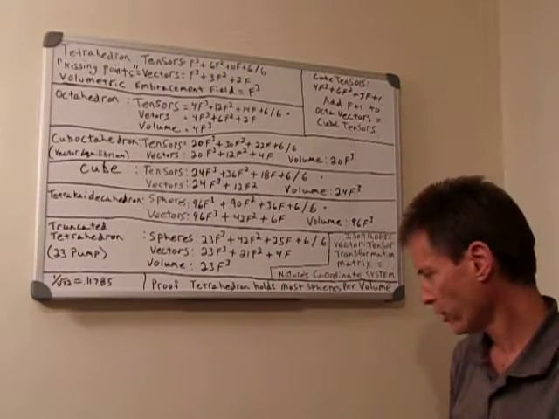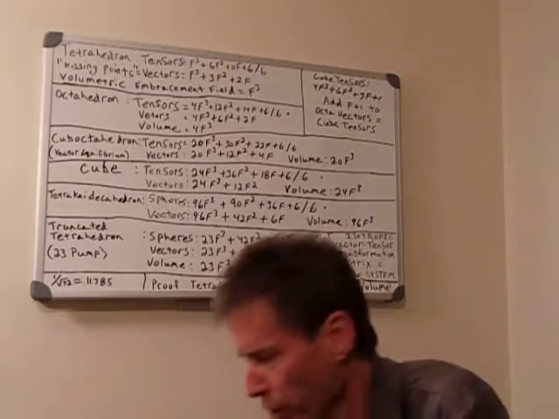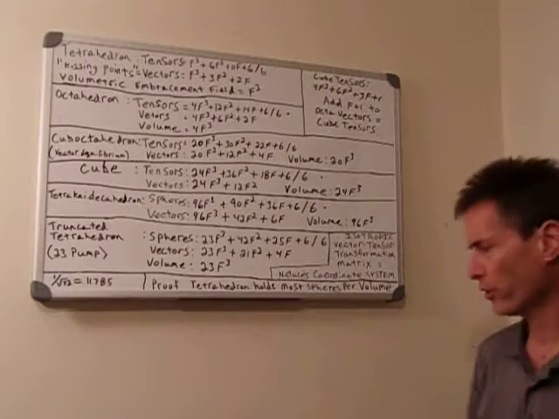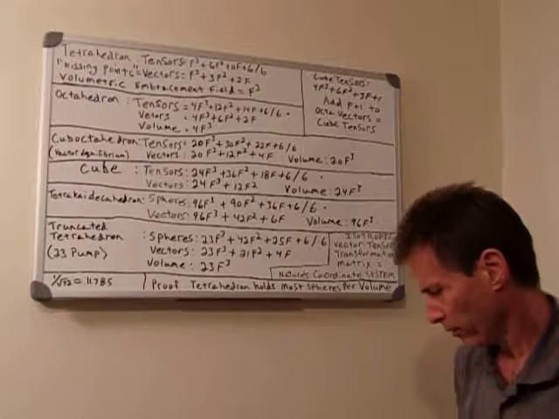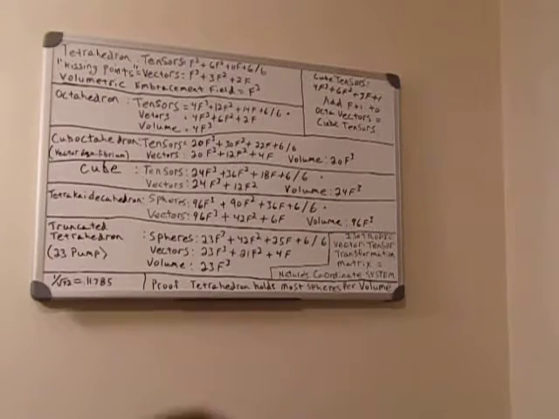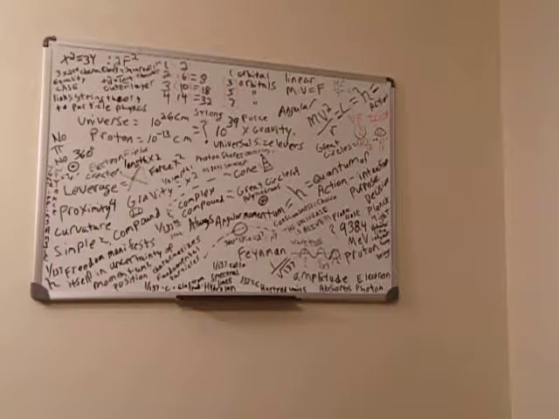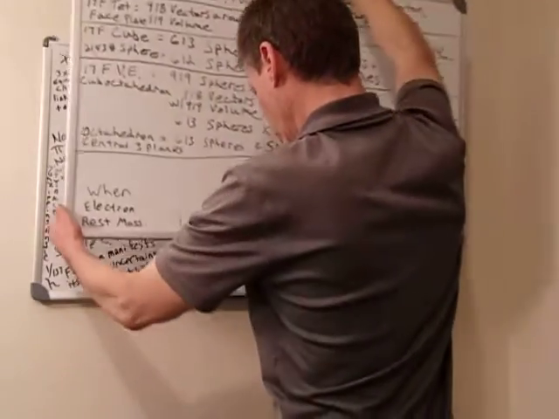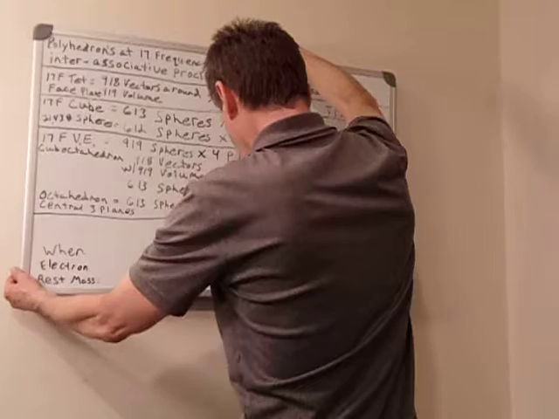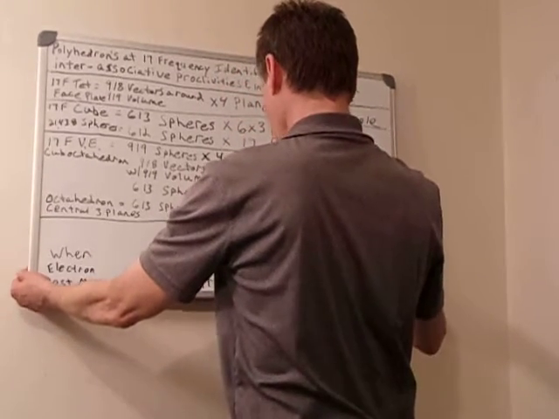I'm going to go over some interesting information about the 17 frequency polyhedrons, and I may as well do that right now. So let me go ahead and pick up this other board here and show you guys a little bit about the numerical interrelationship patterns which happen when the universe once again first began to expand at the very, very beginning of universal expansion.